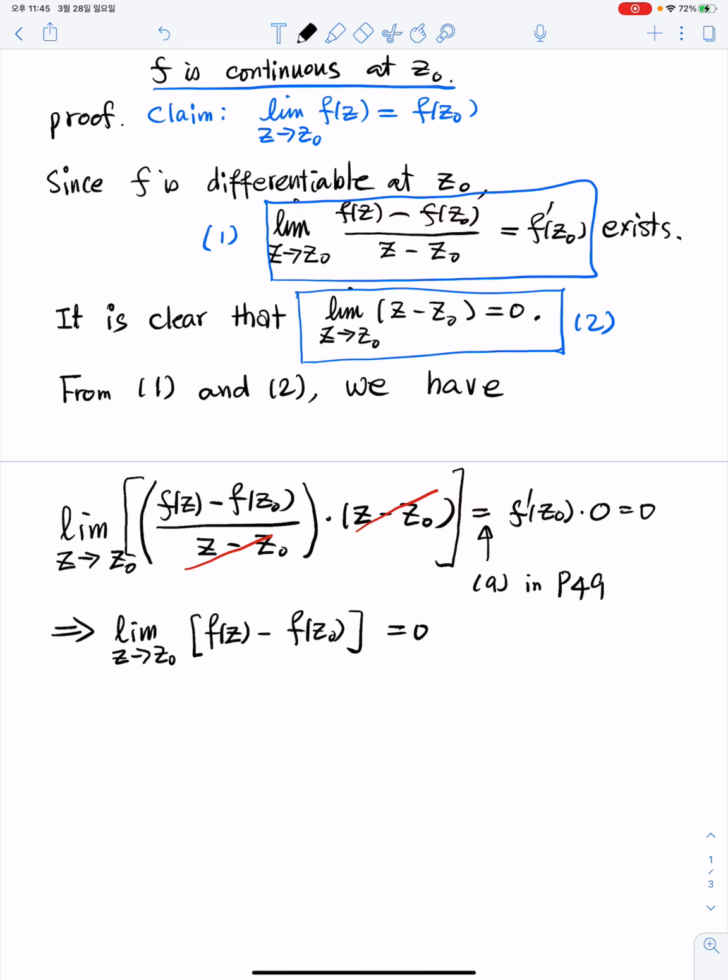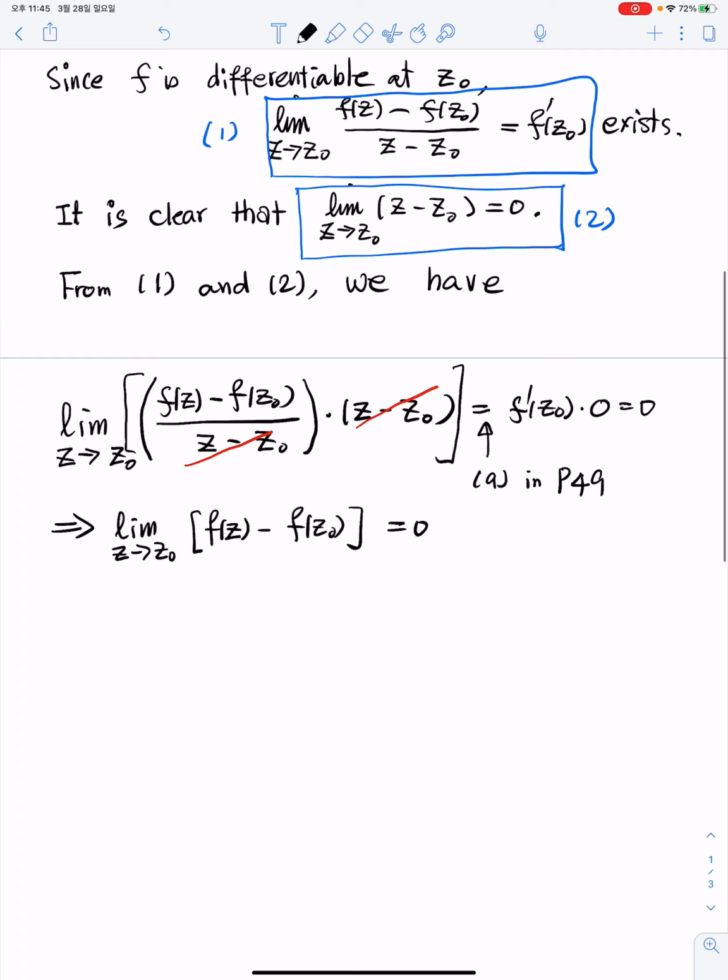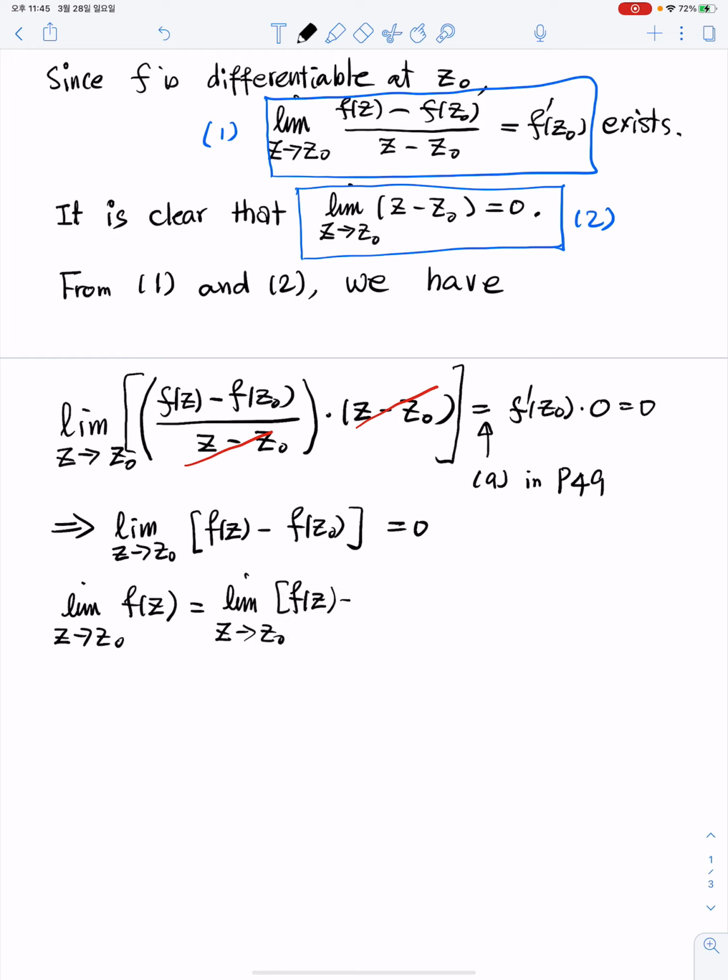That's what we have. And the final step, we need to show this one, the limit, in order to show our claim. So this is f of z, and that guy is limit z approaches z0 of f of z minus f of z0 plus f of z0.